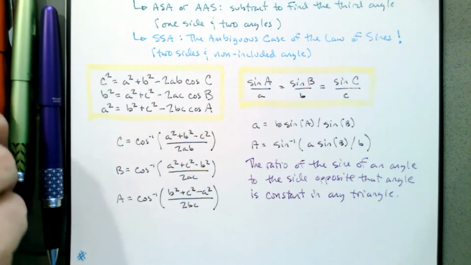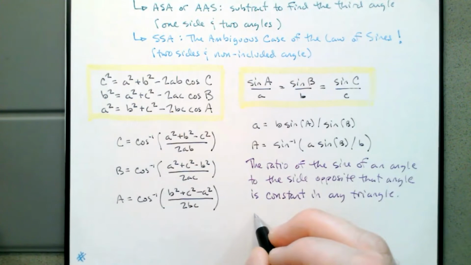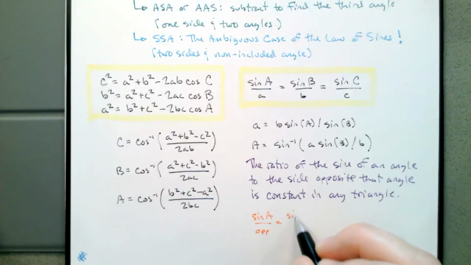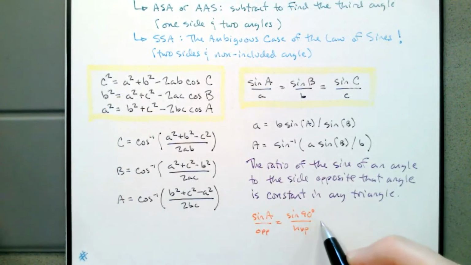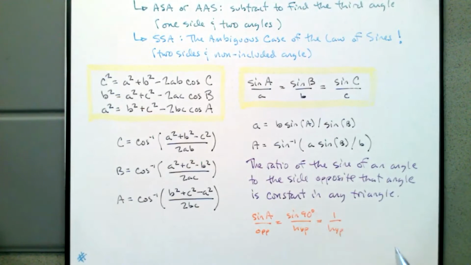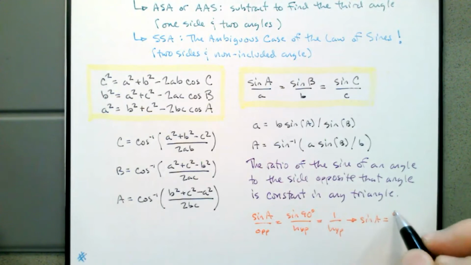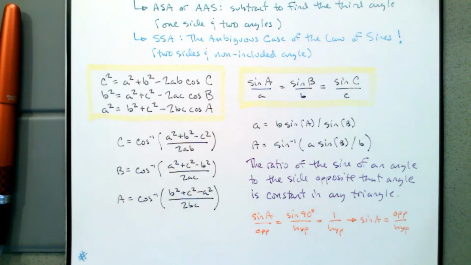If C is a 90-degree angle, this still fits our right triangle trigonometry definitions. Just like our law of cosines is a generalized Pythagorean theorem, the law of sines is kind of a generalized sine equals opposite over hypotenuse.